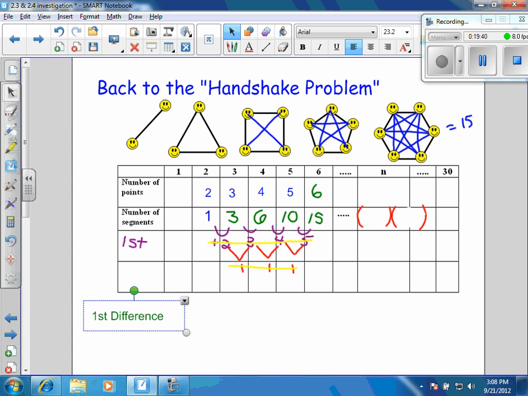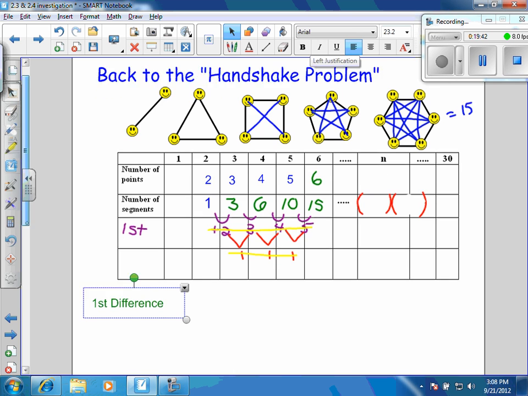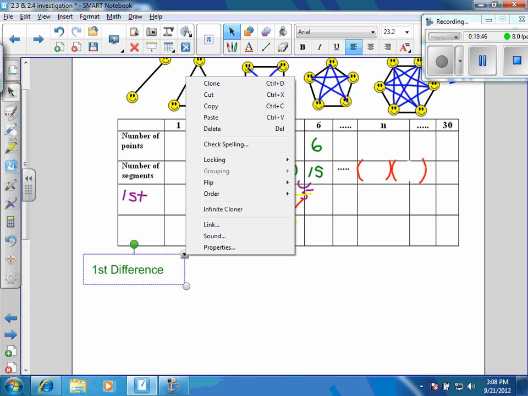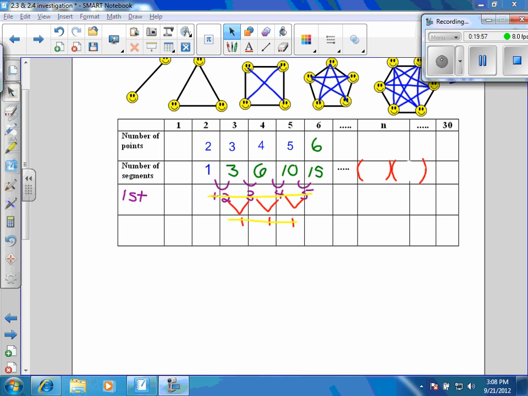But here's where it gets tricky. When I try to figure out a multiplying pattern for these numbers, I'm going to run into trouble.